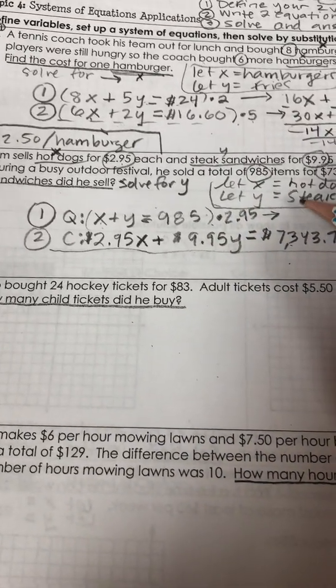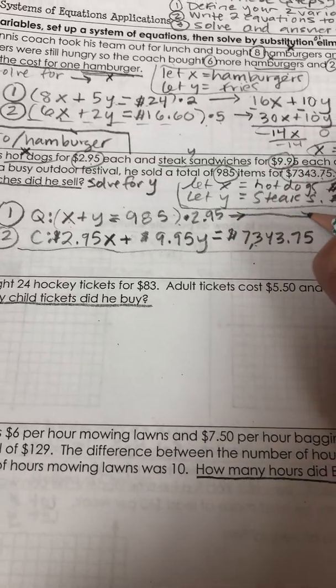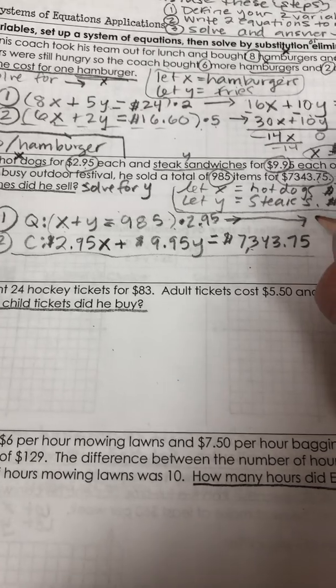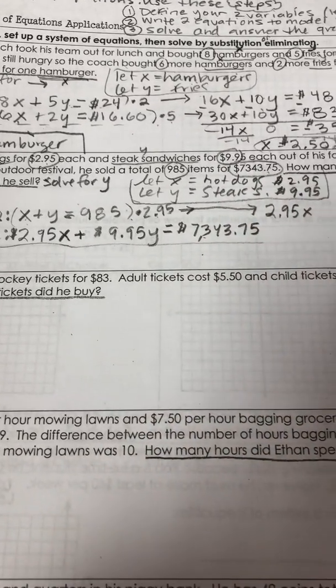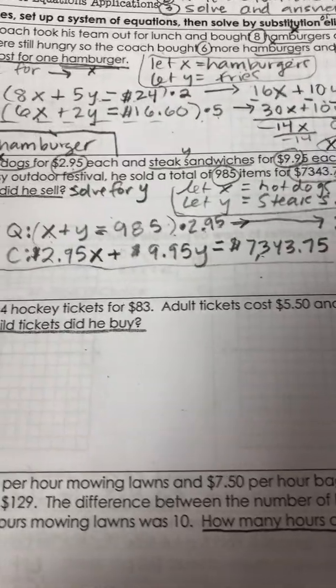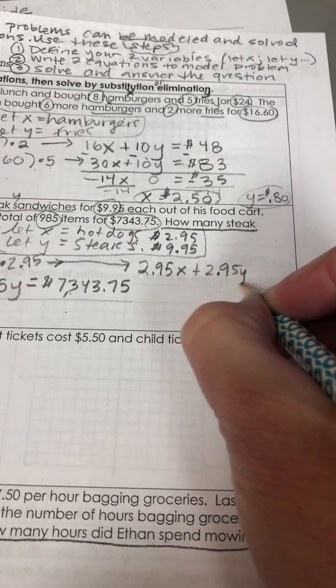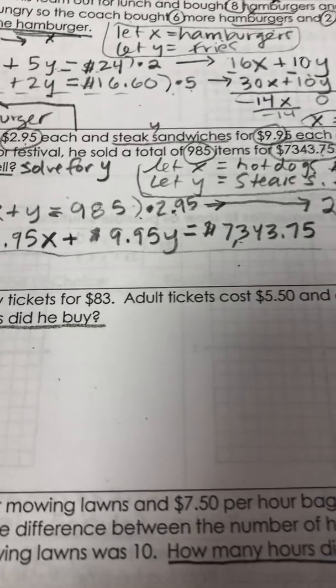So if I were to rewrite this over here, well, maybe I should draw a bigger line here. $2.95 times x, that is $2.95x. Then I have $2.95 times y, well, look at that, plus $2.95y equals $2.95 times $9.85.